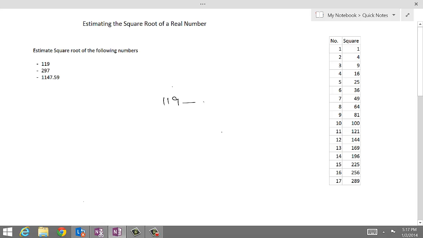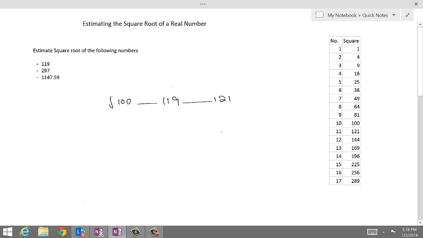One is a perfect square which is greater than 119 but closest to 119. On the lower side, what is the closest perfect square to 119? On the left side, it's 100, and on the upper side it's 121.